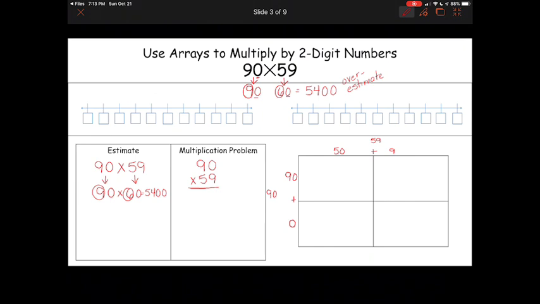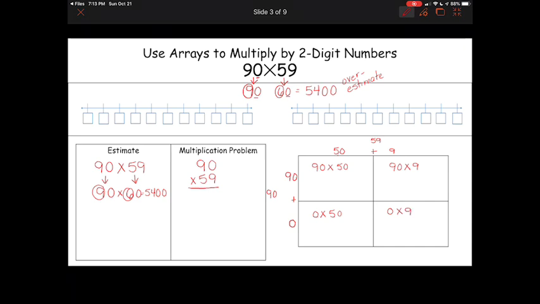I put my 90 and my 50 together, 90 times 50. Then my 90 and my 9, 90 times 9. 90 is finished. Now I do my 0 times my 50 and my 0 times my 9.